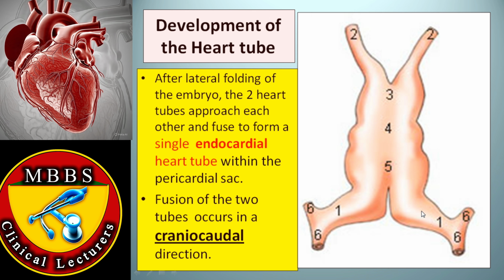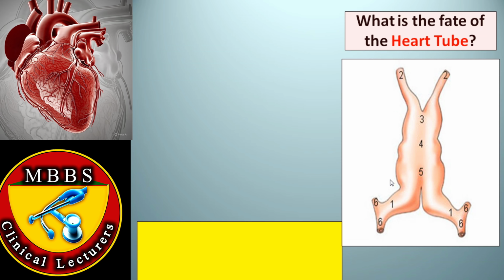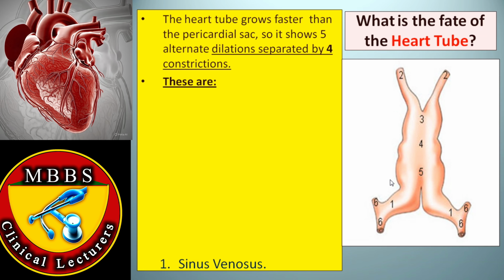The two tubes approach each other and fuse to form a single endocardial tube, and that tube expands and acquires a covering of the splanchnic mesodermal layer, and this dilatation occurs into the pericardial cavity. The fusion of these tubes starts from the cranial to the caudal end. Okay, so what are the fates of these?